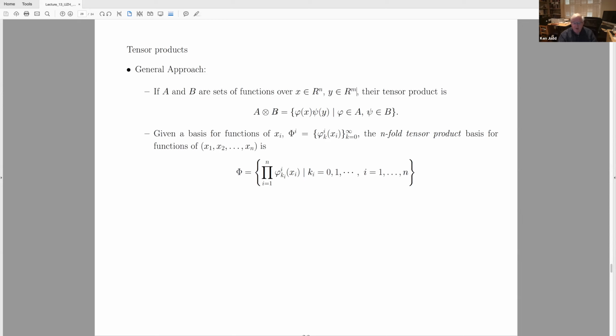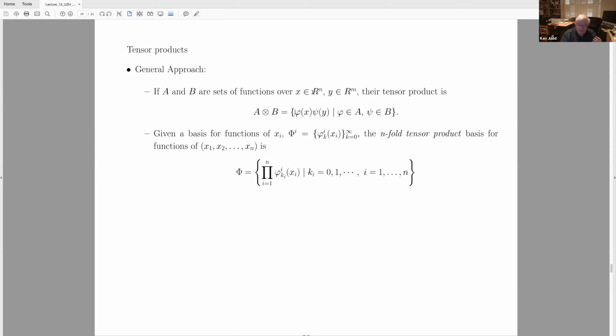What you want to do is create basis functions for functions that are products of the basis functions of the subbases A and B. This is called a tensor product. You take each phi in A and each psi in B and take their product. And that is your tensor product.